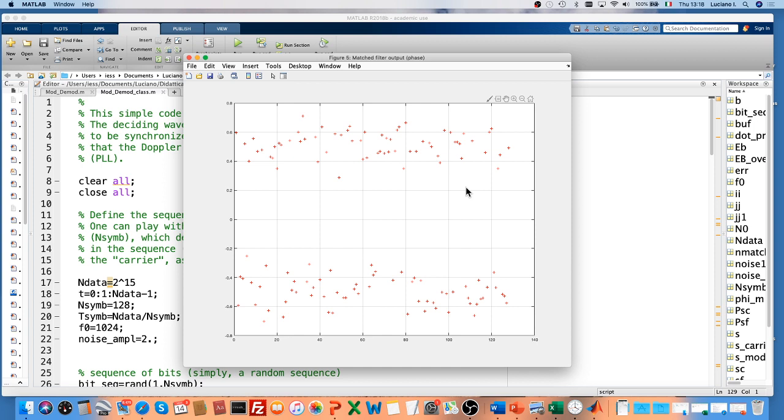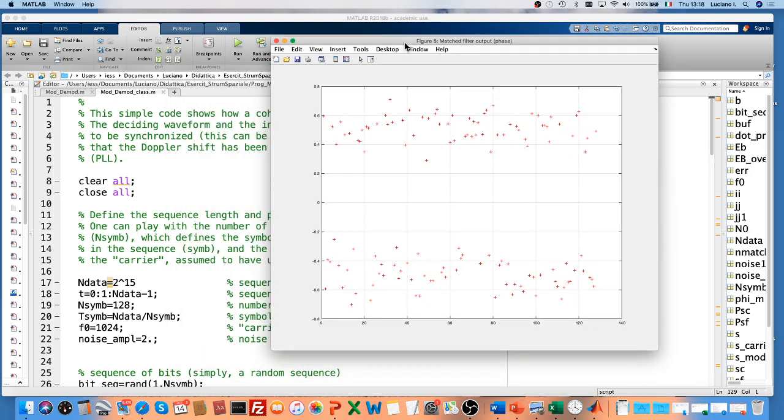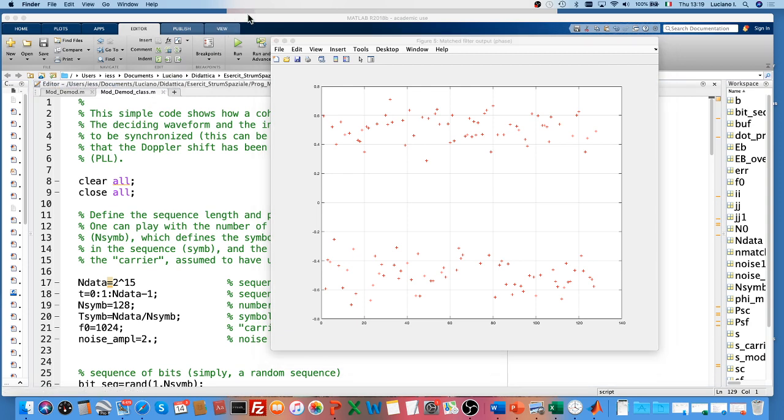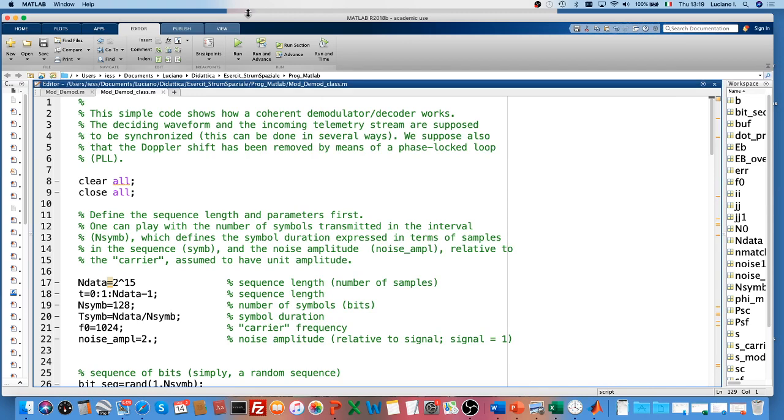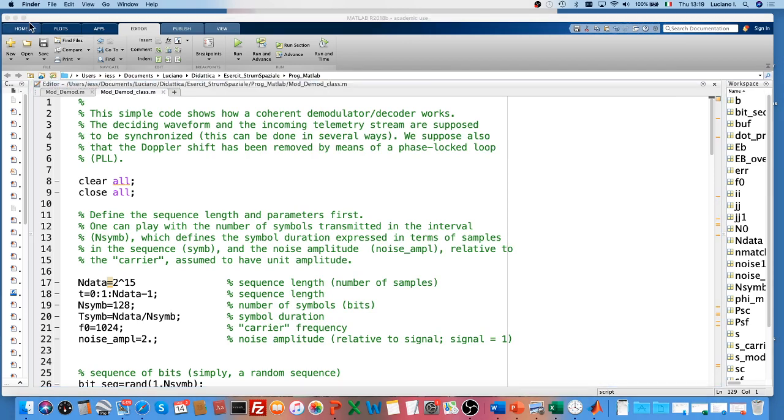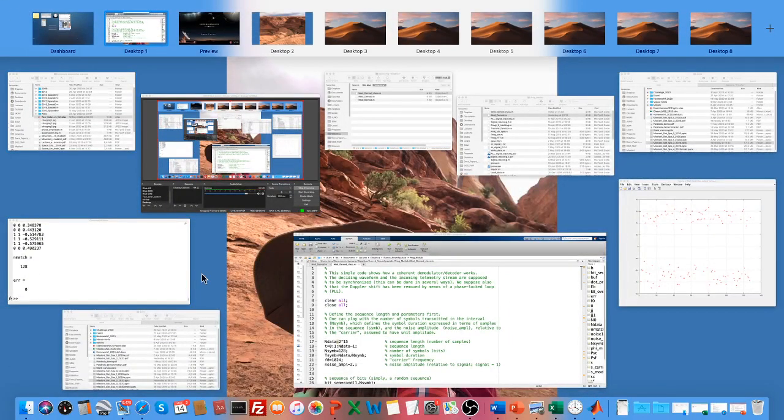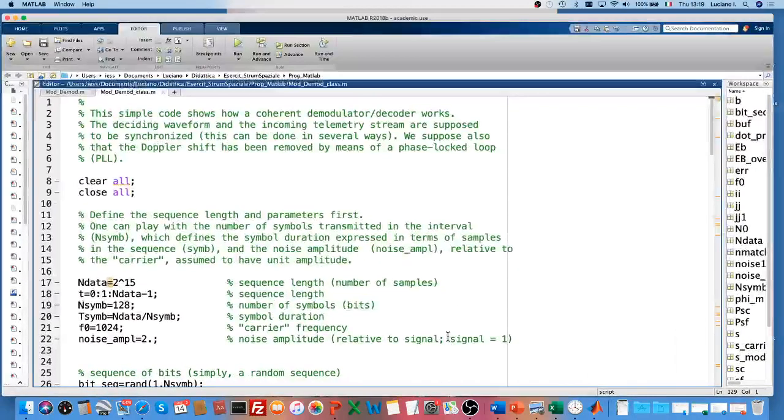This is a consequence, of course, of the fact that the energy, let us take a look at the energy per bit. And the energy per bit is in a window which is behind this. Let me see if I'm able to pull it out. Where is it? The energy per bit.